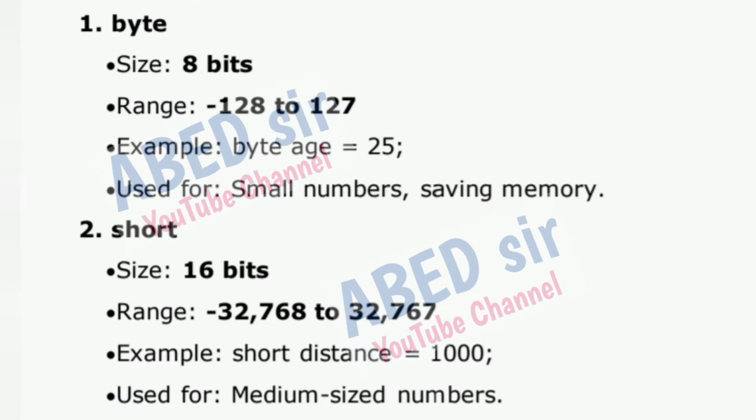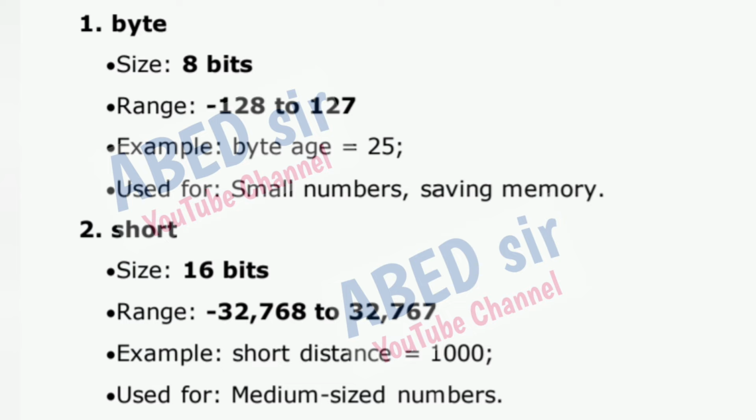1. byte. Size: 8 bits. Range: -128 to 127. Example: byte age = 25. Used for small numbers, saving memory. 2. short. Size: 16 bits.